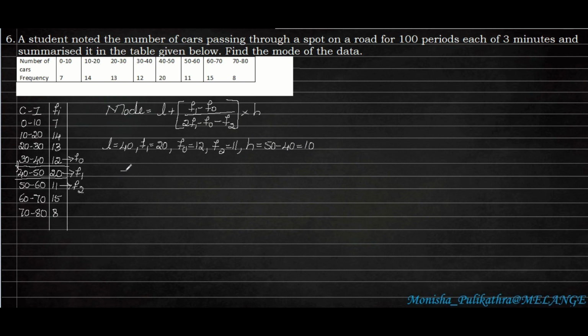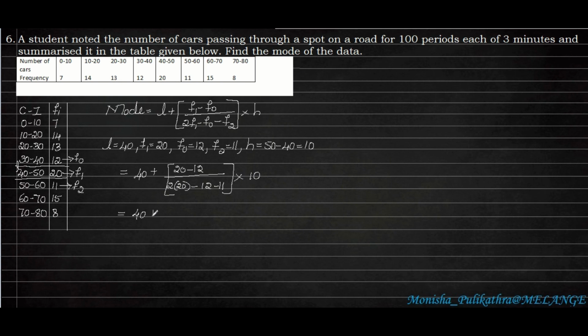Next we substitute all the numerical values into the formula: 40 plus (20 minus 12) divided by (2 into 20 minus 12 minus 11) into 10.